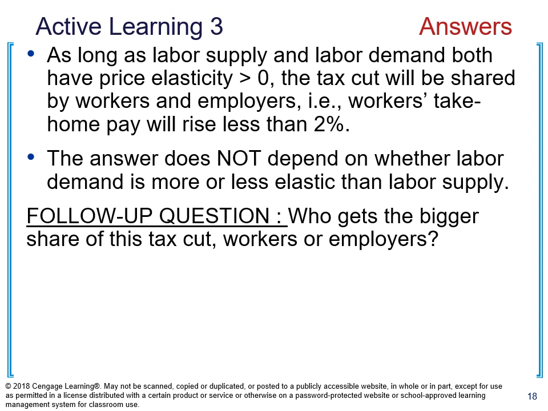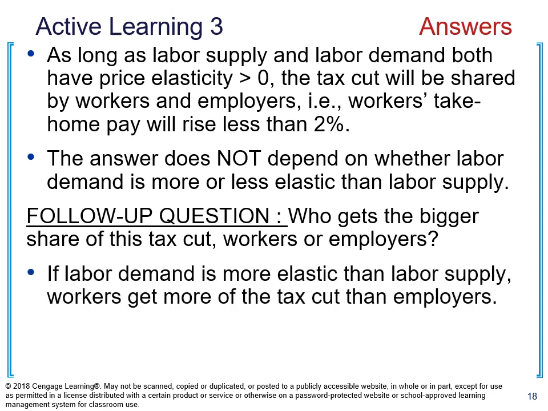That is actually true. And remember that the side of the market that has the most elasticity is going to have the lowest incidence of the tax. So the answer to this question, which side of the market is going to get the bigger share of this tax cut, depends on the relative price elasticities of demand and supply.